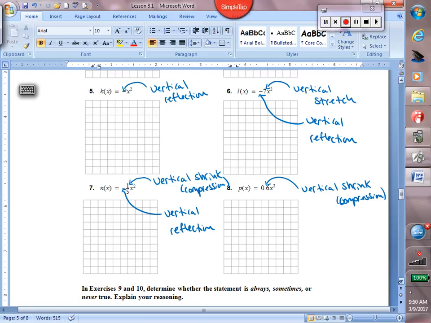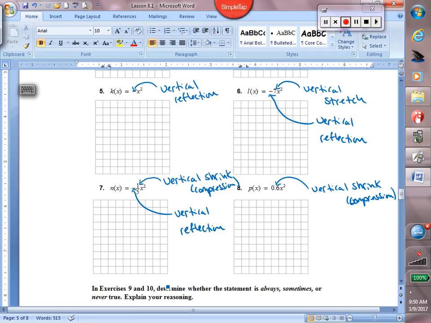So if you're multiplying, let's do a little summary. If you multiply by a number bigger than 1, that's our vertical stretch.